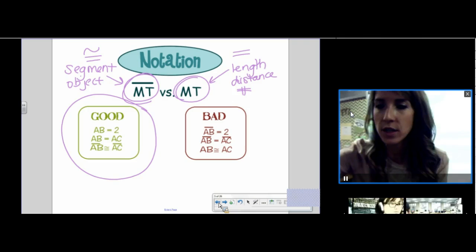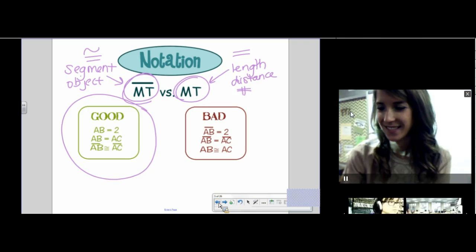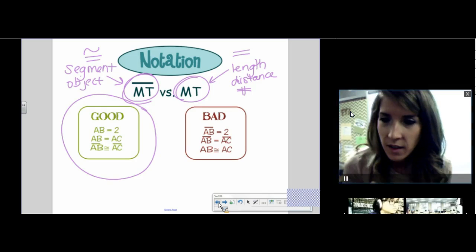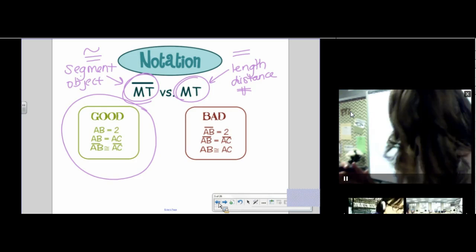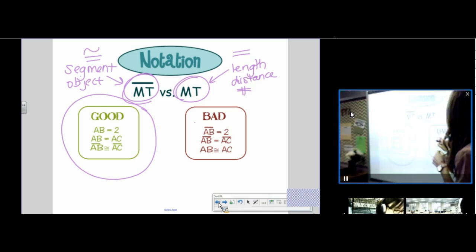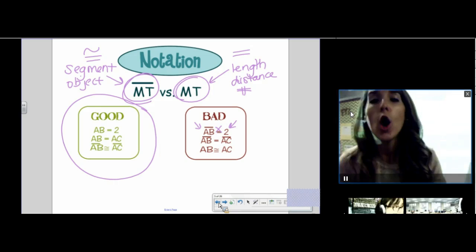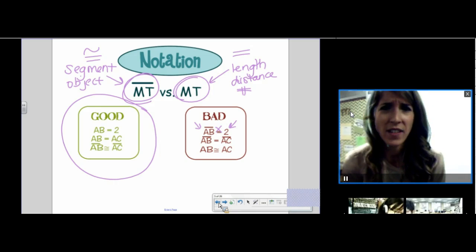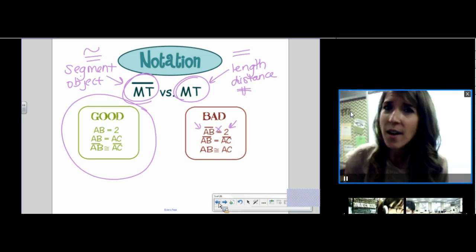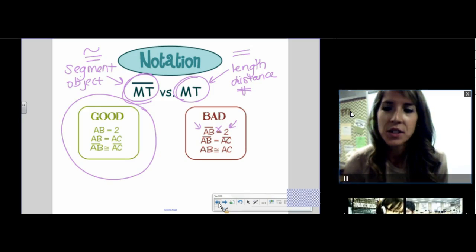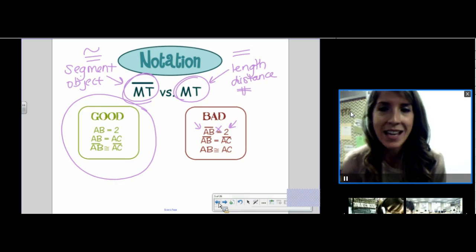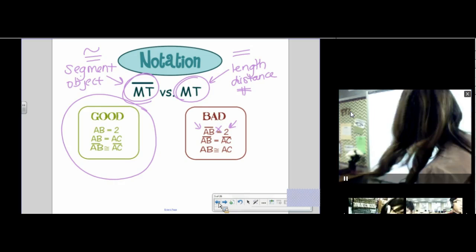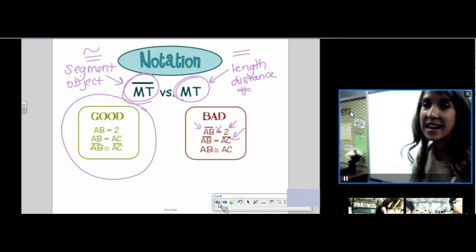So why are the goods good and the bads bad? Notice, you can't have an object equaling a number. That's bad. You don't say this triangle equals 7. Well, what about the triangle equals 7? Its perimeter, its area, what about it? So a segment, an object, can't equal a number. An object also can't equal an object.